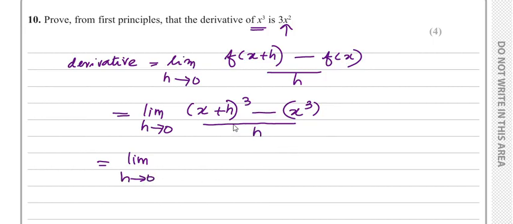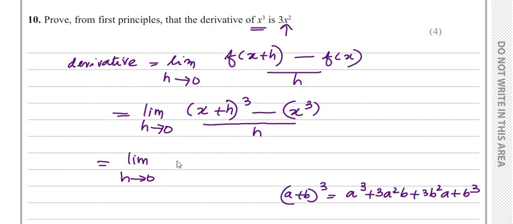For those who have already learned the algebraic identities, it's quite easy. Otherwise, I'll write it here. So it is a plus b whole cubed. Like a binomial expansion, this goes a cubed plus 3a square b plus 3b square a plus b cubed. We just replace a and b with x and h, then you'll get the full expansion like this.